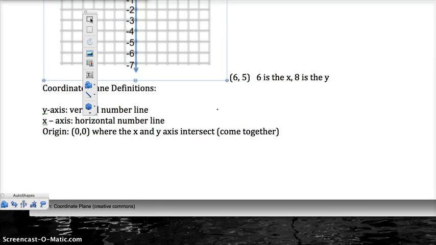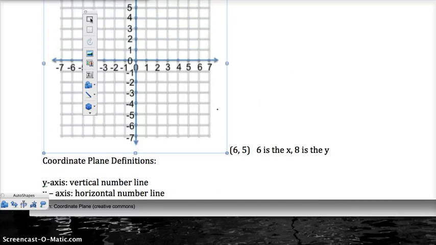So that is pretty much as complicated as this lesson gets. The only other thing that you'll need to be able to do is to work backwards. So if there was a coordinate point right here, actually let's make it right here.